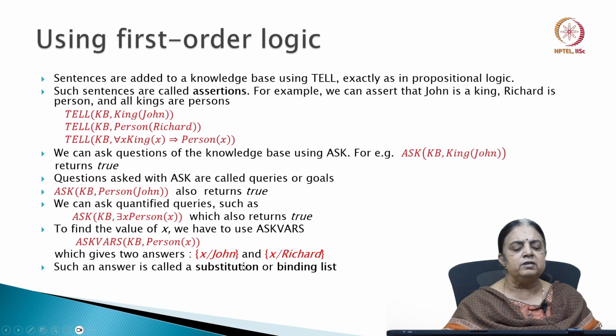So we write it in this way: for x you are substituting John, and also for x you can substitute Richard. This is called a substitution or binding. So you are finding a binding for the variable.